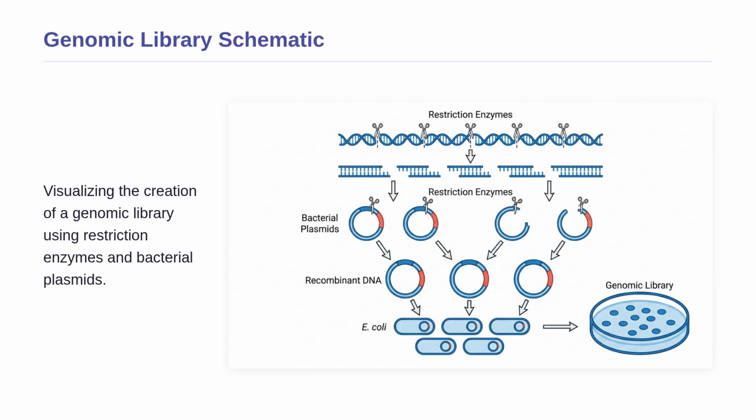The DNA fragments are then inserted into these plasmids, creating recombinant DNA. These newly formed delivery vehicles are then introduced into the rod-shaped E. coli bacteria. Finally, at the bottom, we see the bacteria growing on a petri dish. This dish represents the completed genomic library, an unfiltered genetic archive containing every single piece of the organism's DNA.